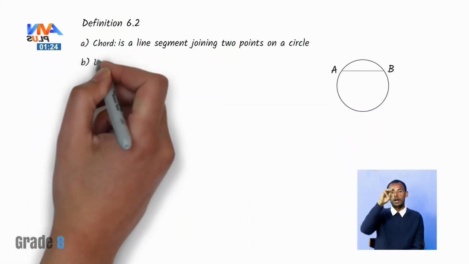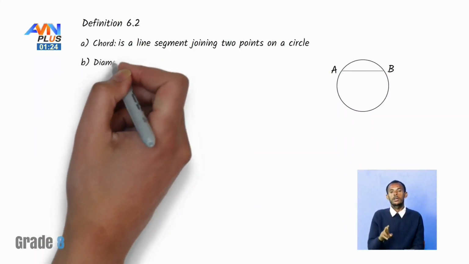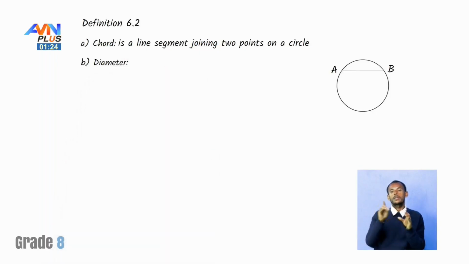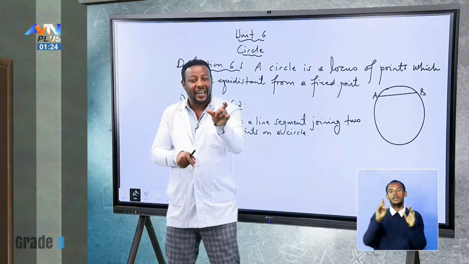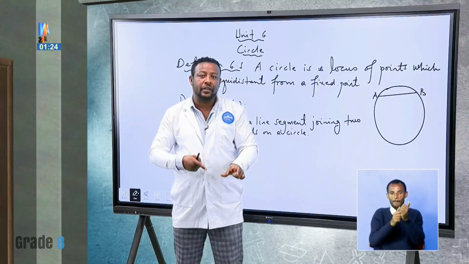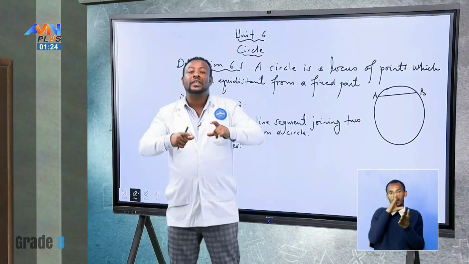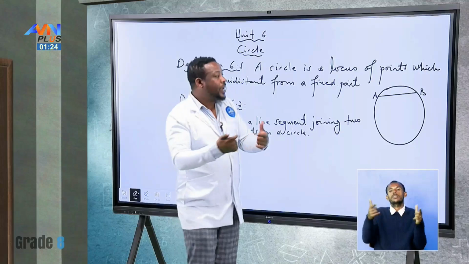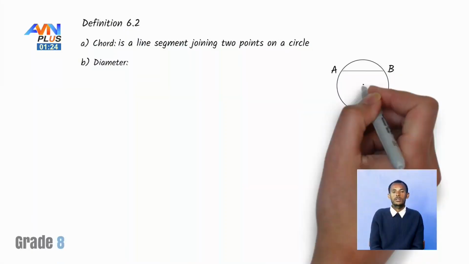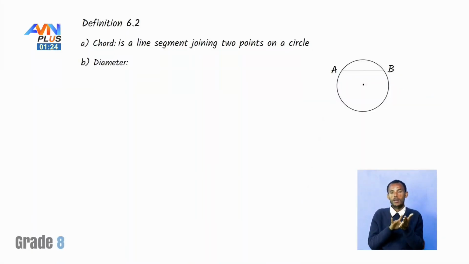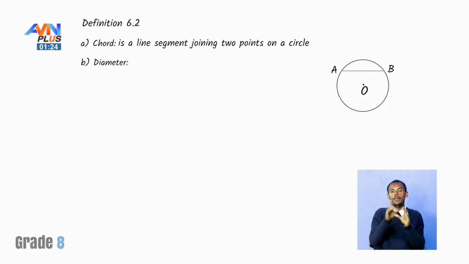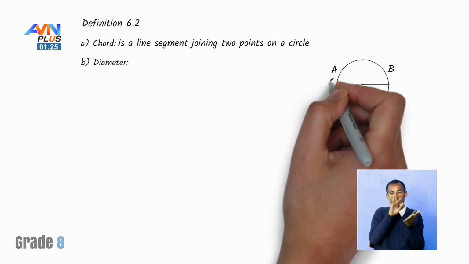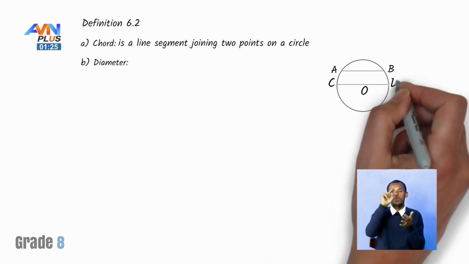The diameter of a circle is also a chord, but a diameter is a line segment passing through the center, and it is the largest chord. Assume the center of the circle is somewhere here with center O. The diameter is a chord passing through the center and joining 2 points on the circle.